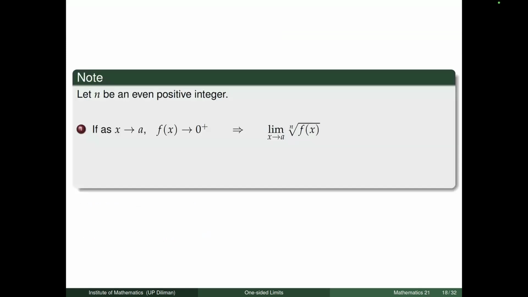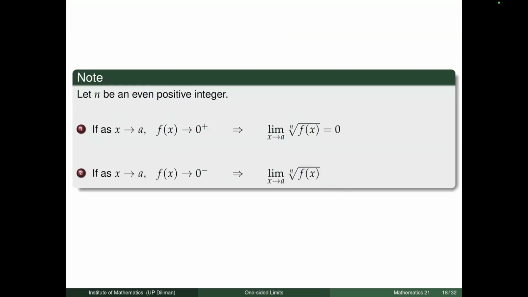Going back to our radical. If n is an even positive integer, if as x approaches a, f of x is approaching 0 through positive values, then the limit of this nth root of f of x is 0. Okay, kasi through positive values, positive numbers yung nasa loob ng radical mo. So defined siya.